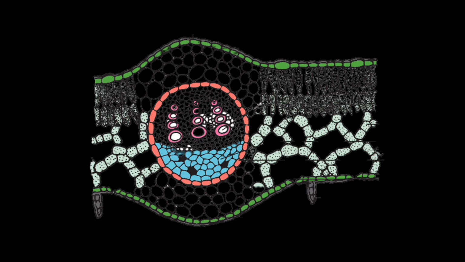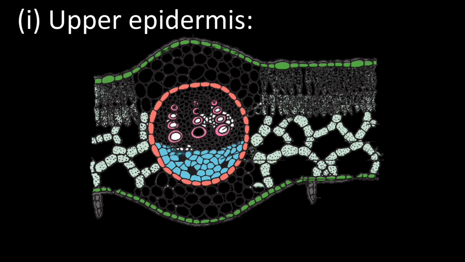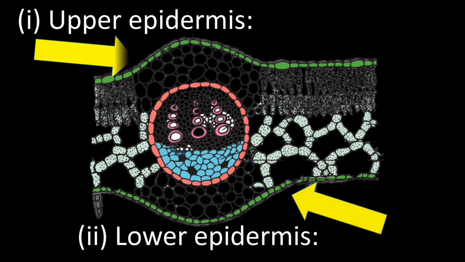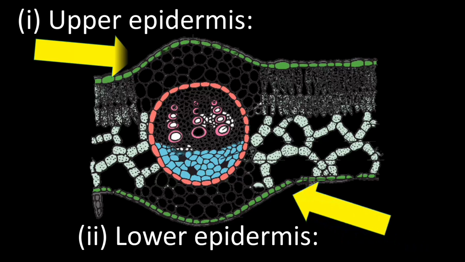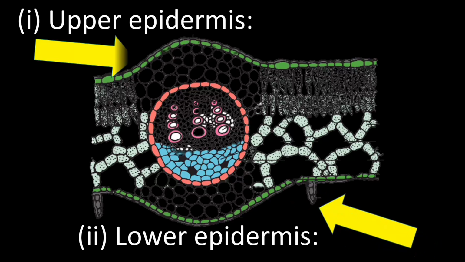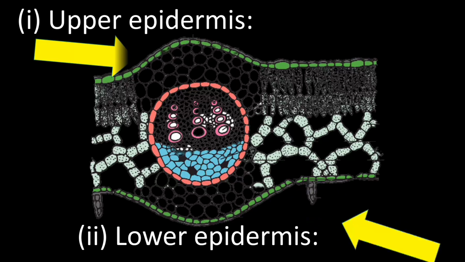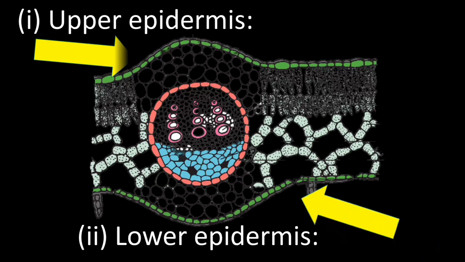Upper epidermis is made up of a single layer of cells and the lower epidermis is also made up of a single layer of cells. The function of epidermis is protection. The epidermis protects the internal parts.